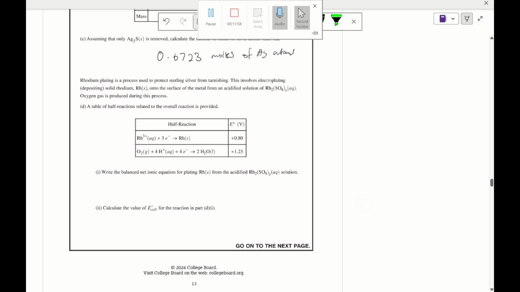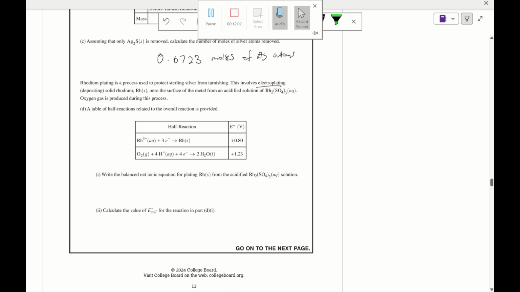So for this question, the electroplating deposit is solid rhodium. So our product is Rh solid.